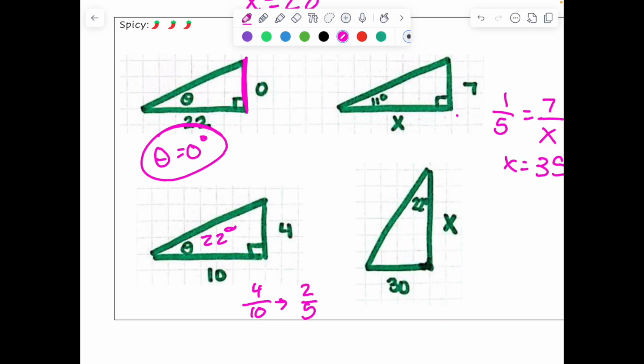And then here, 22, that means this angle is going to be 68. And 68 is a 5 over 2 ratio, so we would set that equal to x over 30. 30 times 5 is 150 equals 2x. So then x is 75.